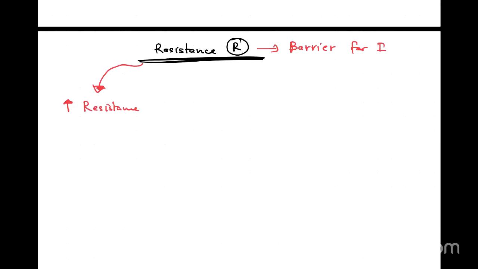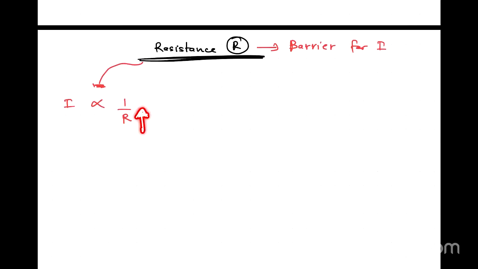Instead of writing this sort of a thing, I'll write a relationship, then you can clearly understand. So the current is inversely proportional to resistance. Which means if you are having a higher resistance in any sort of a material, then the current that can pass through is going to be a low value. If the resistance is lower, then the current is higher.